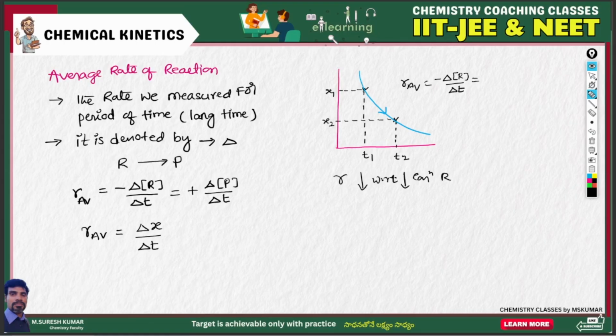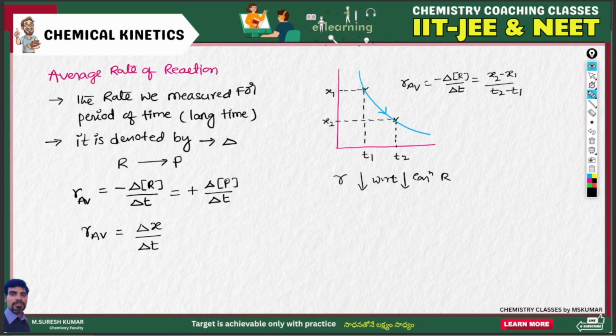It is equal to, as per the given graph, x2 minus x1 by t2 minus t1. This is the expression for what? Average rate.